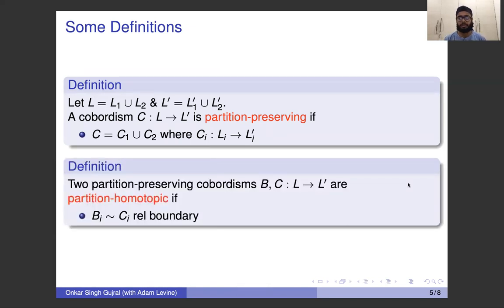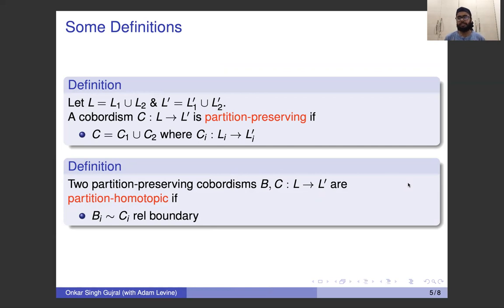Okay, we must now define what it means for two partition preserving cobordisms, B and C, that go from links L to L prime. So B and C both start and end at the same links, L and L prime, respectively.